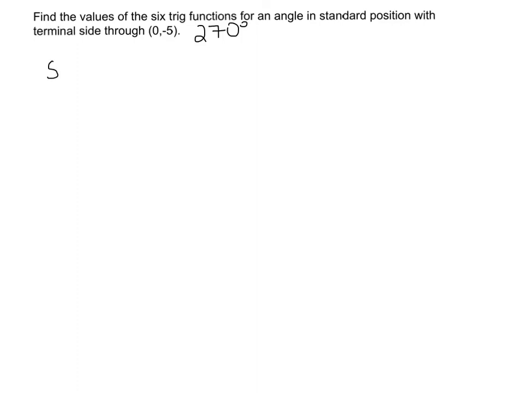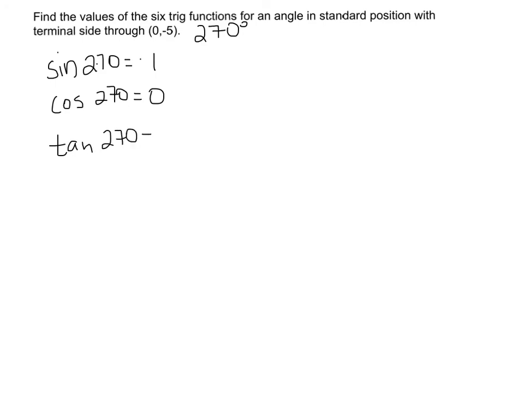So the sine of 270 is -1. The cosine is 0. The tangent, this one's undefined.